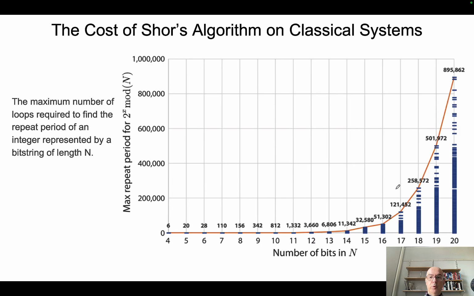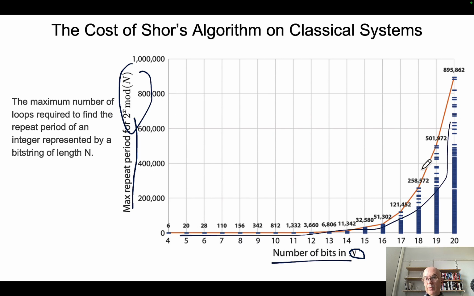So if we plot the number of bits in n against the maximum repeat period iterations for finding the repeat period, we see that it increases exponentially.